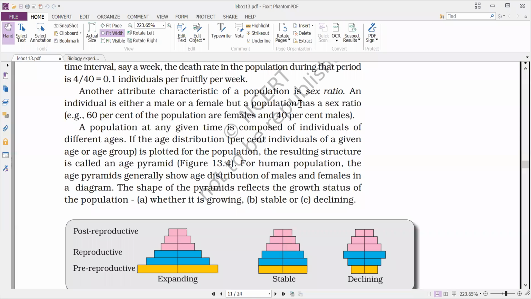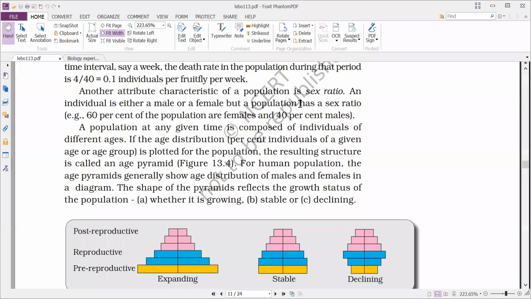For 1,000 males, only 864 females are present. If this continues, it will be a problem in the future. Some males will not have females to get married. They'll remain as bachelors only, because of the difference in the sex ratio.